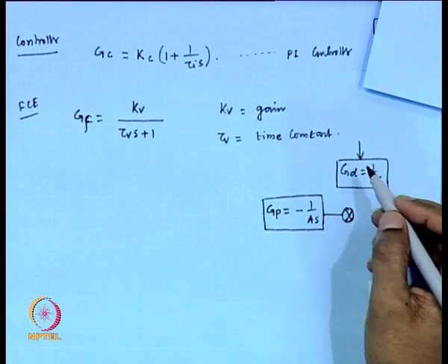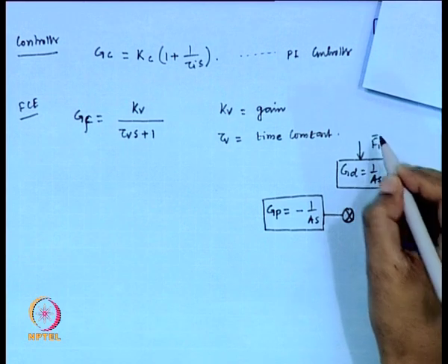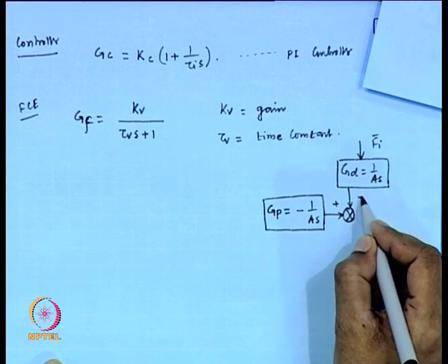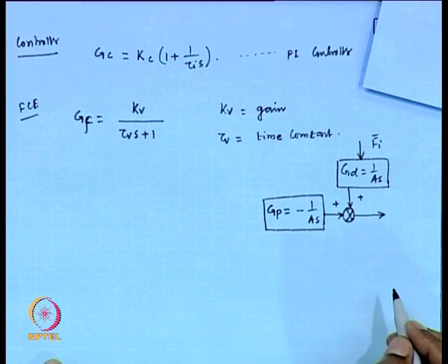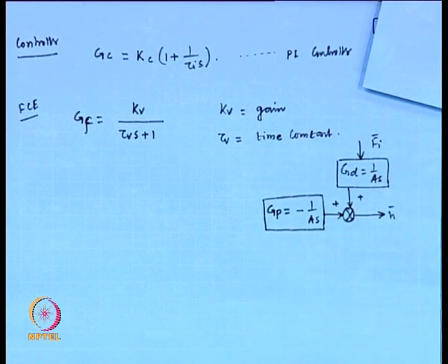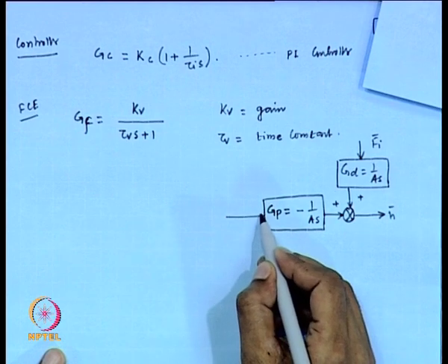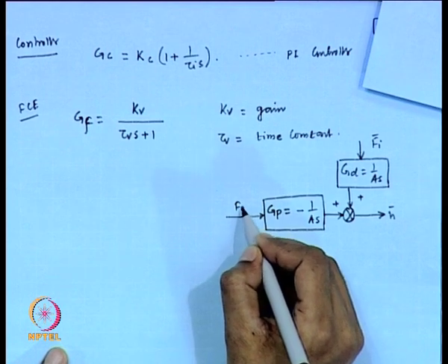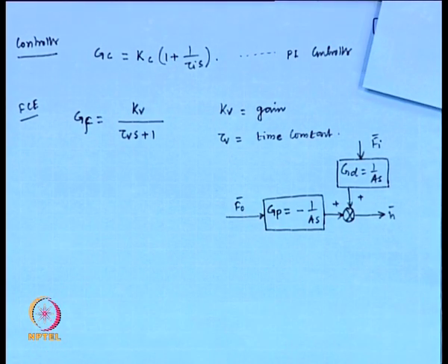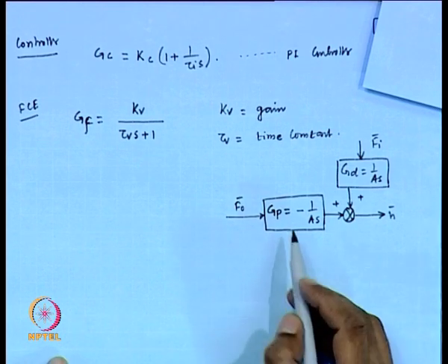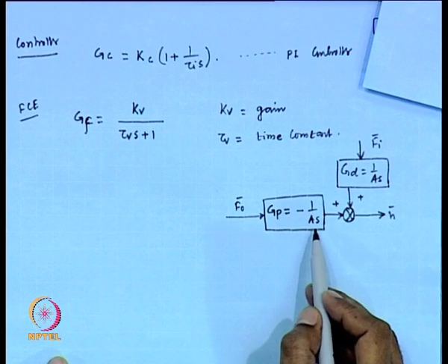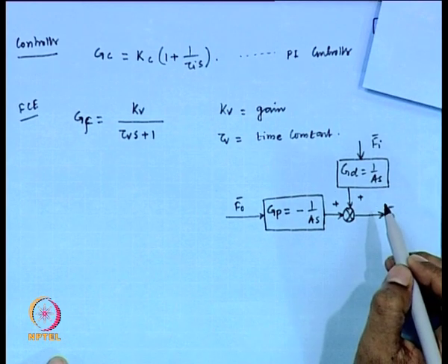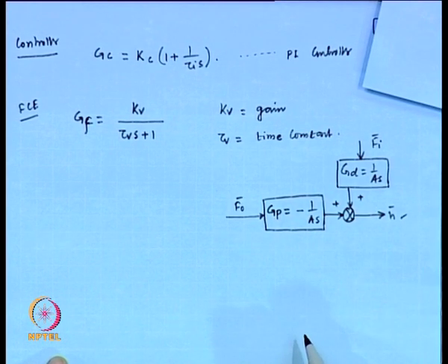The disturbance is F_i, the output is height, and the final control element output, the input to the process, is F naught. So, this is the process. The transfer function with respect to F naught is minus 1 by As, with respect to F_i is 1 by As, and the output of the process is H.